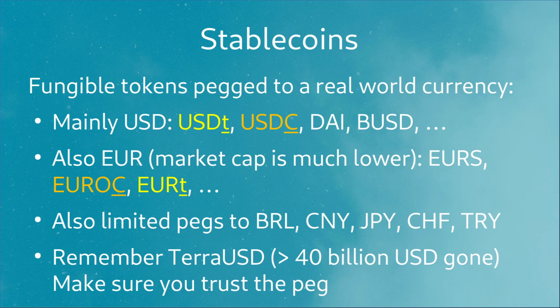If the price of Terra fell below $1, then Luna was sold at a price of $1 to buy Terra.